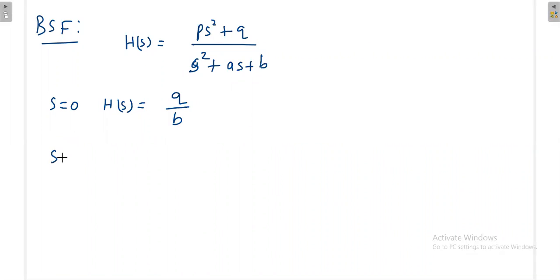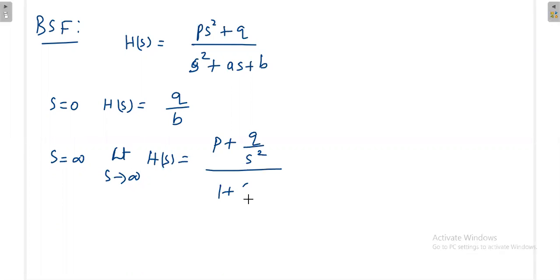When s is equal to infinity, limit s tends to infinity, h of s, you divide both the numerator and denominator by s square. Then p plus q by s square over 1 plus a by s plus b by s square.